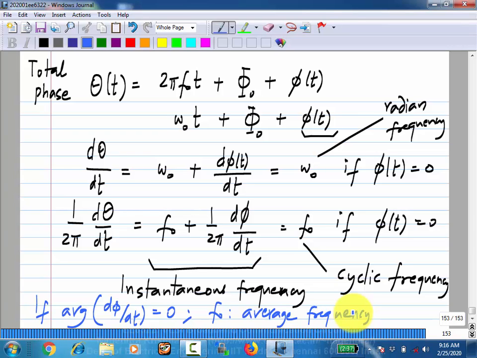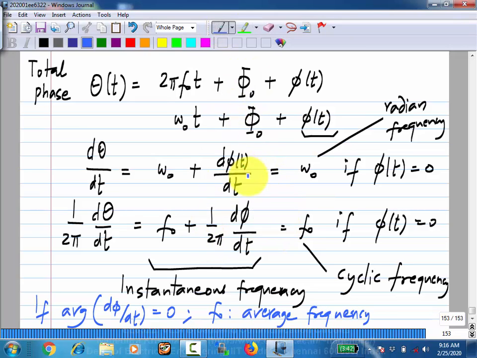But if the cycles are not equal to each other, over a 1 second period the average frequency is 1 gigahertz, but the cycles could be varying with each other. So if this d phi by dt has 0 average, which is typically how it will be especially when we consider noise, then this f naught represents the average frequency, and this represents the frequency deviation.